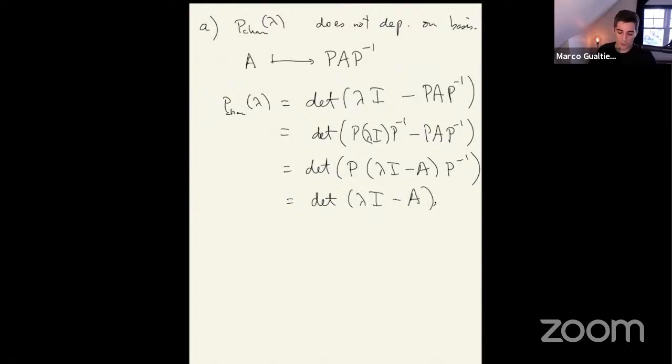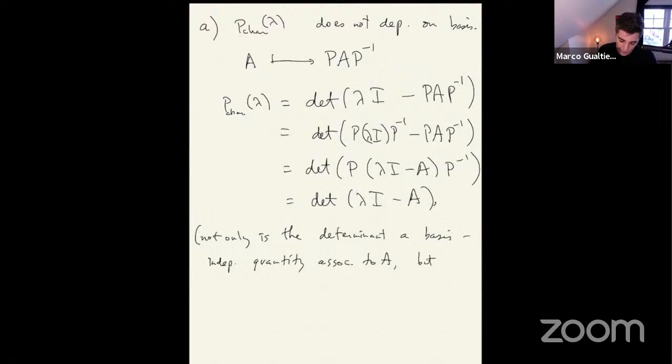Okay, so what this means is that not only is the determinant a basis independent quantity associated to A, but the characteristic polynomial is too.